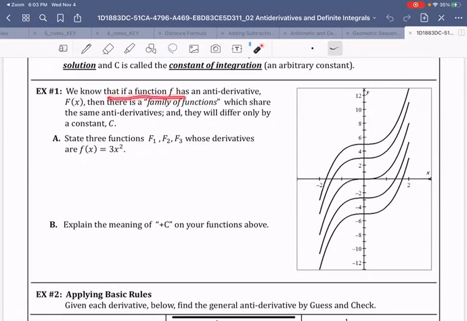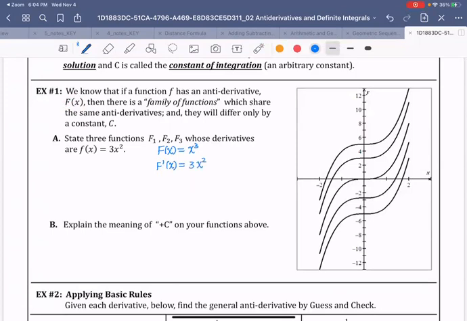We know that if function f has an antiderivative capital Fx, then there is a family of functions which share the same derivative. They will differ only by a constant C. Look, if you have lowercase fx equals 3x squared, you might see that if your Fx is x cubed, the derivative based on the power rule is 3x squared.